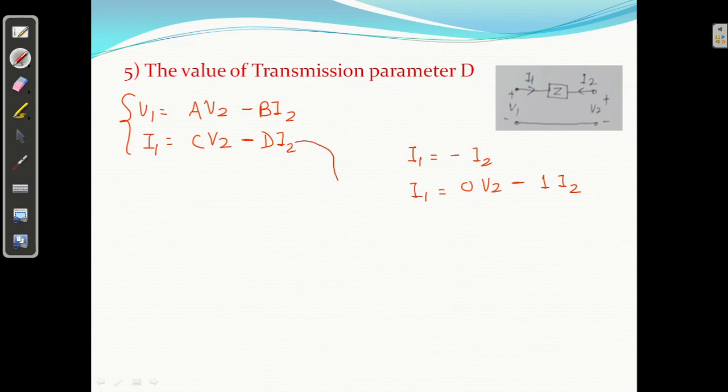If you compare these two equations, D equals 1. If they had asked for C, C would equal 0. Anyway, D equals 1.